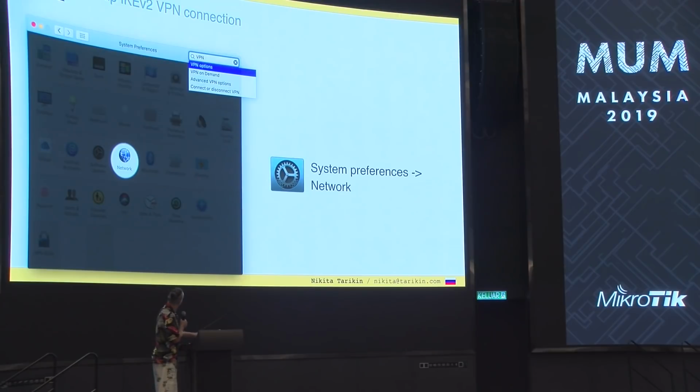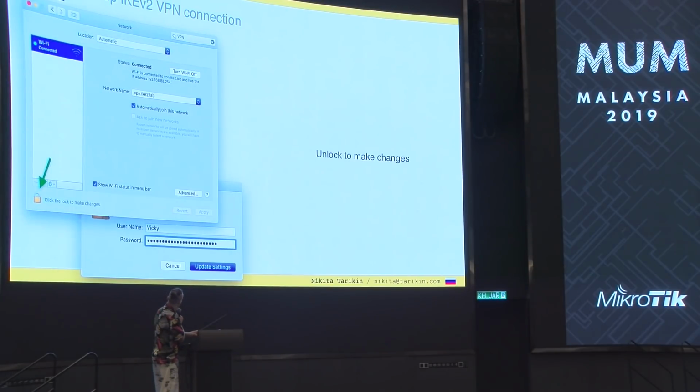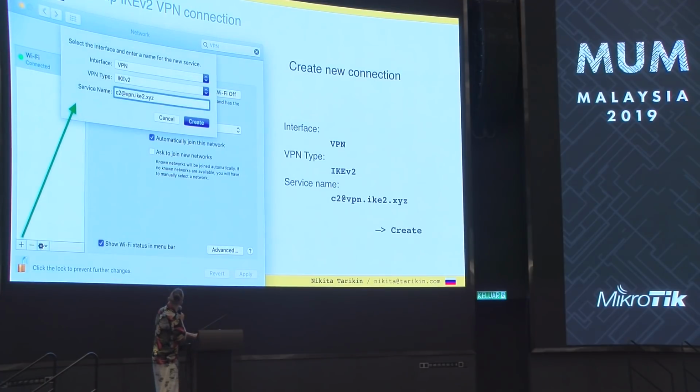Go to System Preferences, Networking, add VPN connection, unlock first, create a new certificate connection.